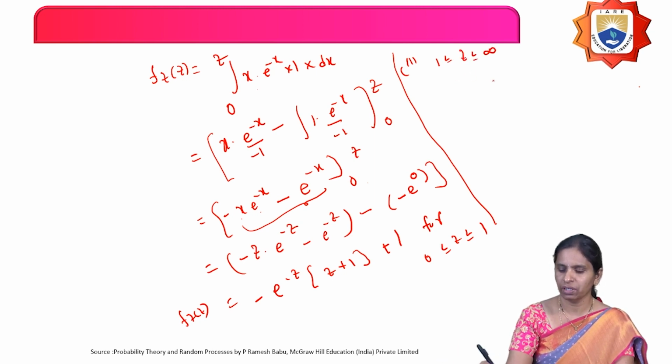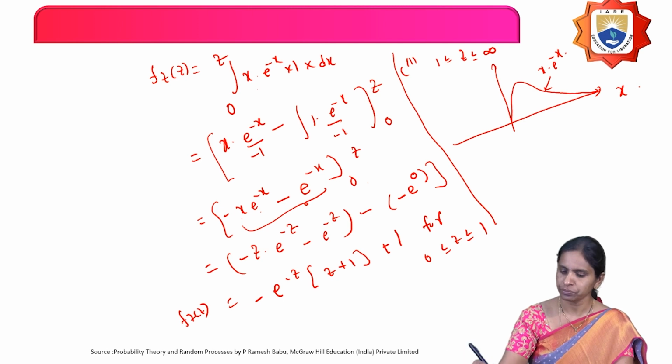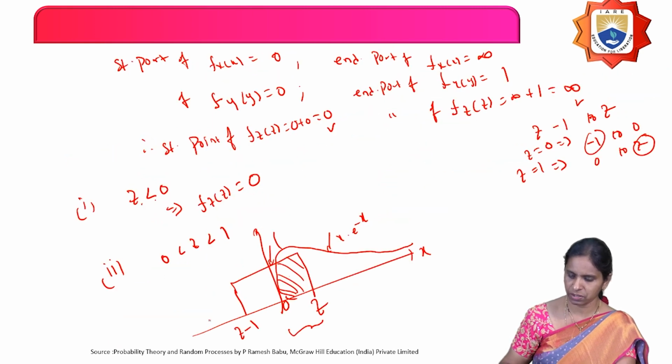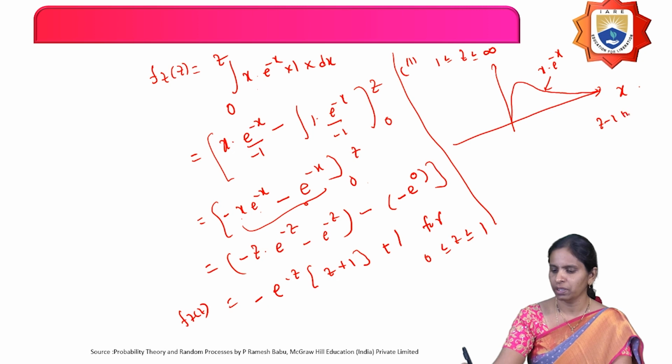And when z is 1 to infinity, again you draw both the density functions. This is x, and fx of x is an exponential decreasing function, x into e power minus x. And fz of z minus x is from z minus 1 to z.